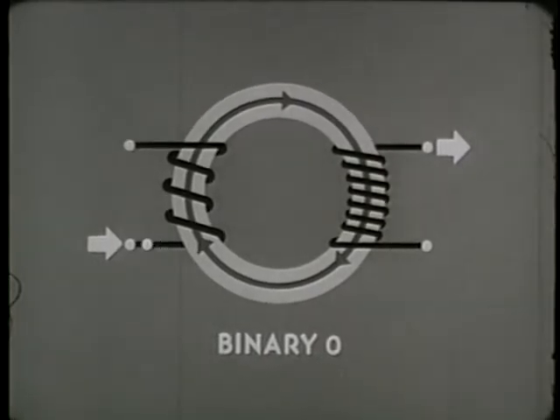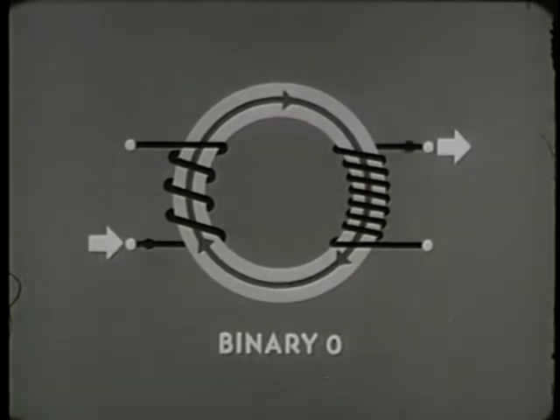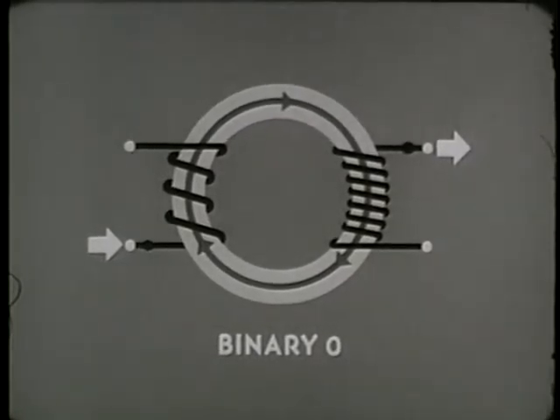We used a dot to keep track of the polarity of the input winding, and a similar dot will establish the polarity of the output winding. This gives us another rule about the dots in a magnetic core diagram. When dot current moves into the input winding, it causes the current to move out the dot side of the output winding, provided the input current produces a change in flux.